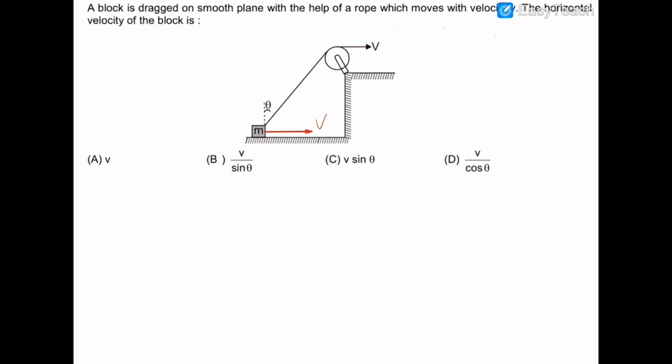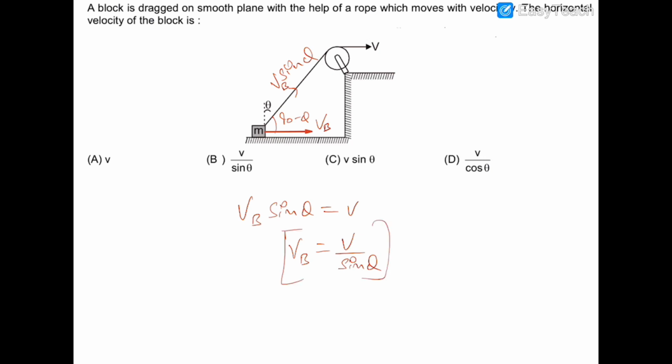So we are using our basic concept that this angle is 90 minus theta, and the component of velocity along the rope of the block will be v block sine theta. So v block sine theta will be equal to v, and v block will be equal to v upon sine theta.